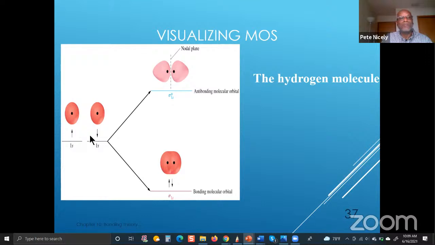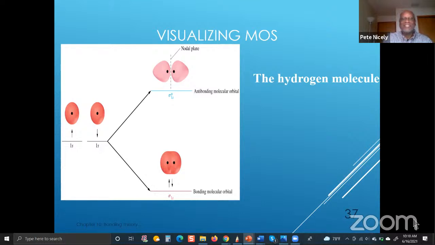And then it becomes a question of where the electrons will end up. These electrons that were previously in the atomic orbitals, where will they end up? And the answer is they will both basically go into the bonding molecular orbital in the ground state, right? So one electron will go here, and then the next electron will pair up with it, spinning in the opposite direction. And that would basically be the electron configuration for hydrogen, the molecule, as opposed to hydrogen, the atom, all right? So this would be the ground state configuration.